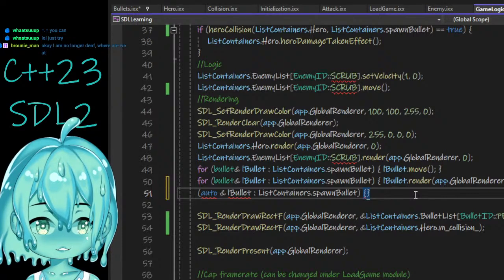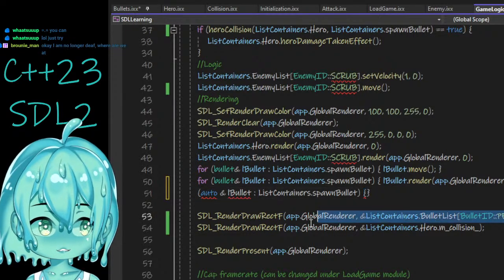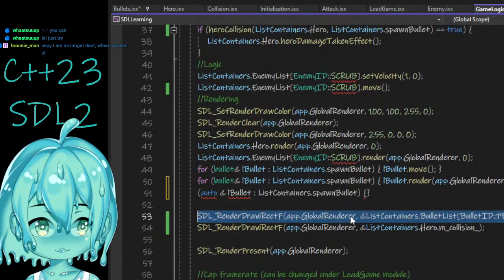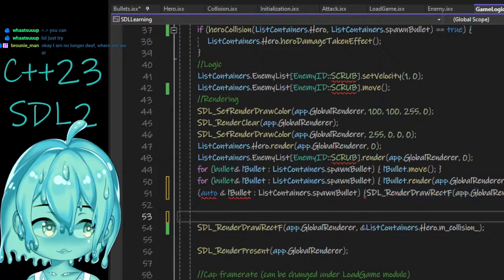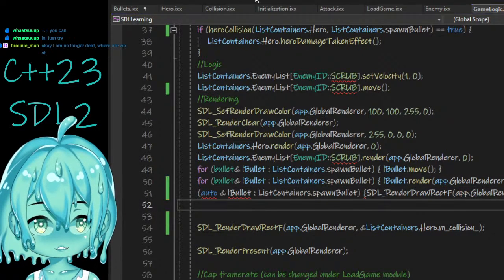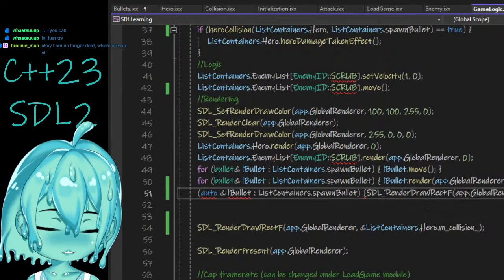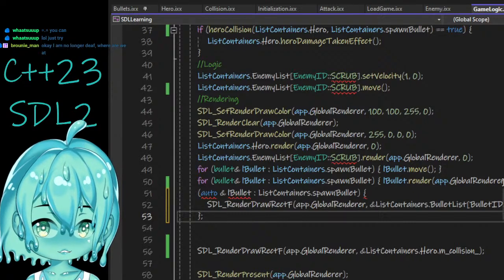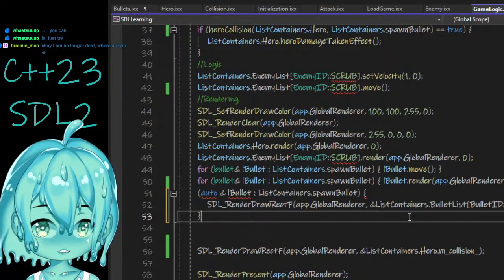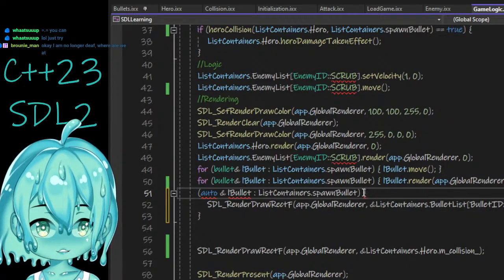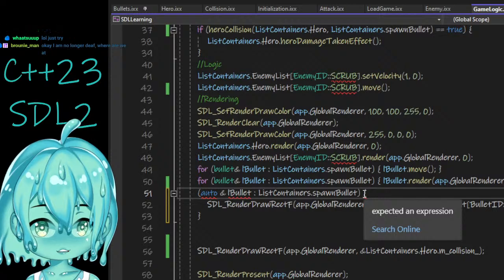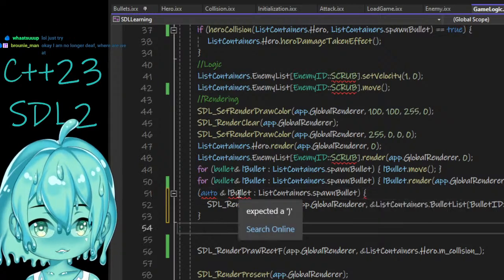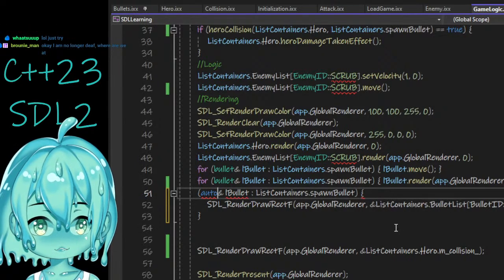Bracket. This will be doing this. Go. Oh, forgot a semicolon. Oh, no, I didn't. This was right, I think. Expected an expression. What?